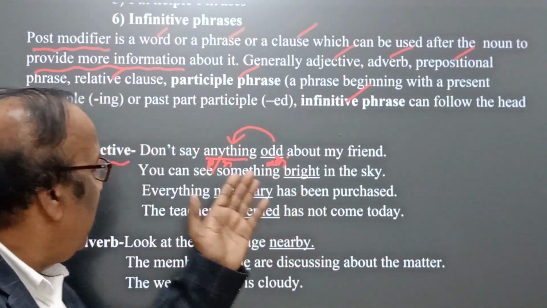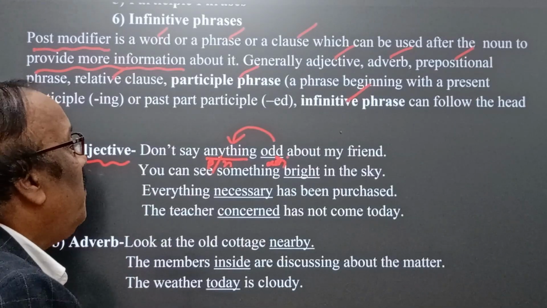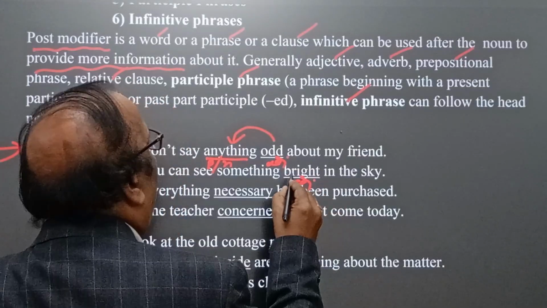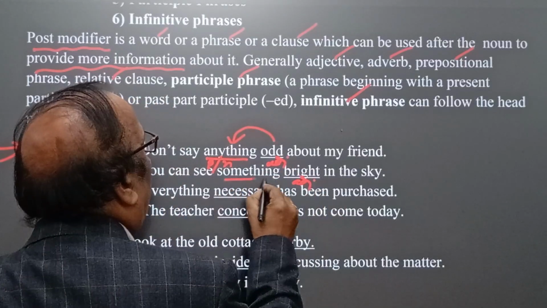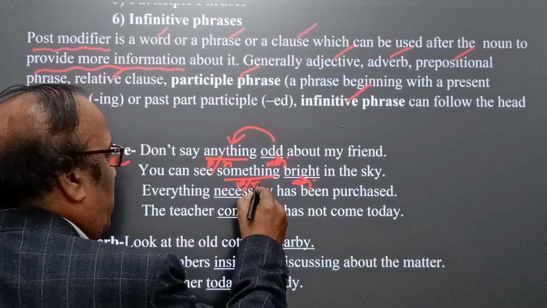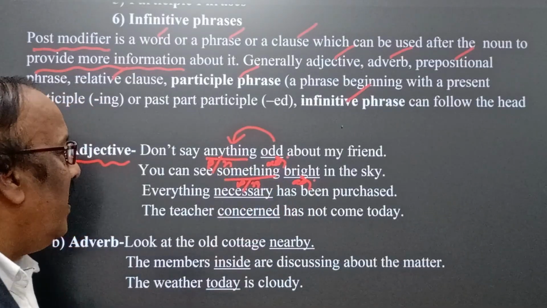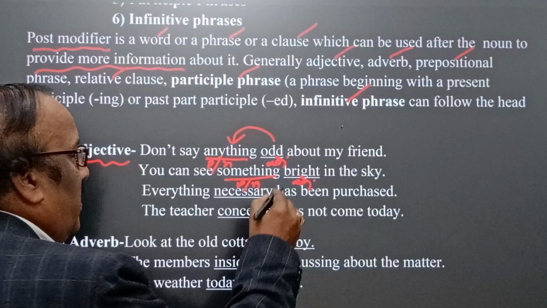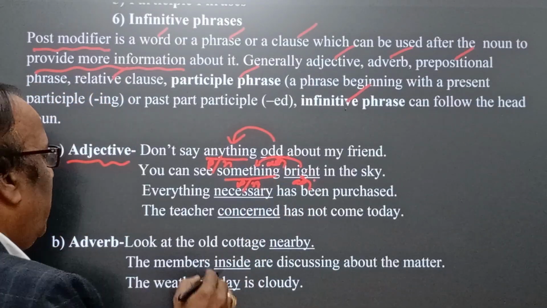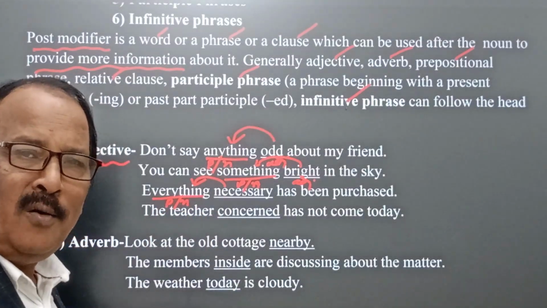Now see the second example. You can see something bright in the sky. Remember, bright is an adjective, and here something is also a pronoun acting as a noun. So bright qualifies something. Necessary: again, everything is a pronoun but acts as a noun.